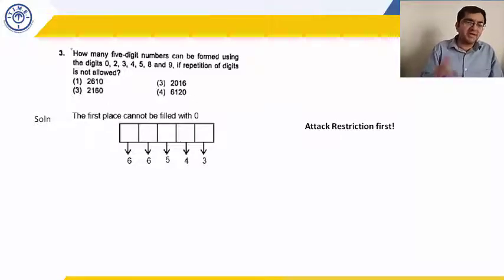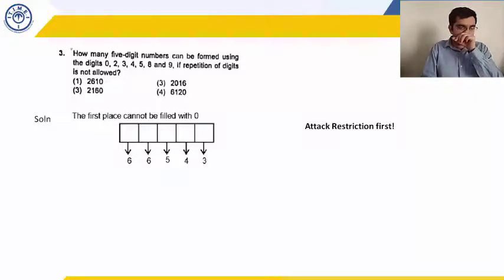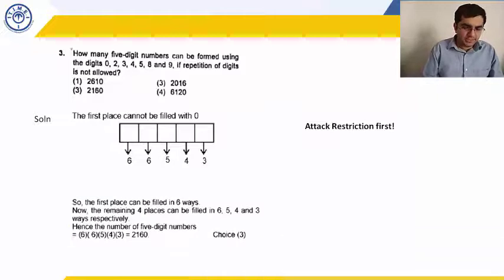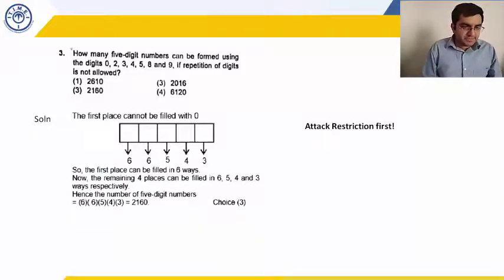What is the lesson, the hint over there? Here, attack restriction first. So first place can be filled in 6 ways, remaining places in 6, 5, 4 and 3 ways. So you get a total of 2160 possible 5-digit numbers.